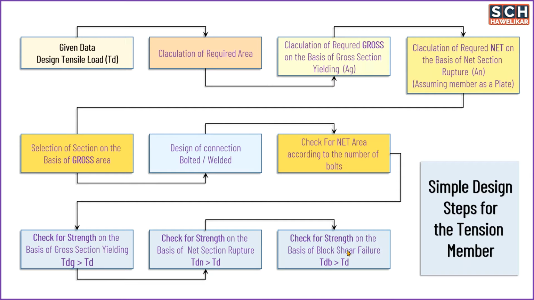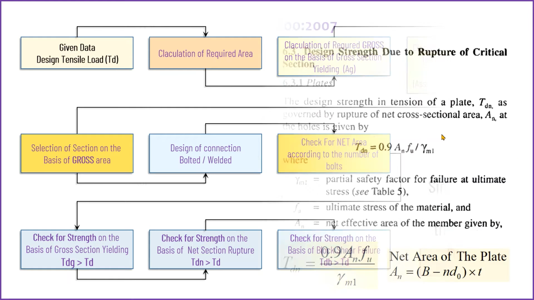So in all these three cases, that is the check for strength in case of gross section yielding, net section rupture, and block shear failure, the load capacity must be greater than the design tensile load. Then we can say the selected section which we have designed has sufficient strength.